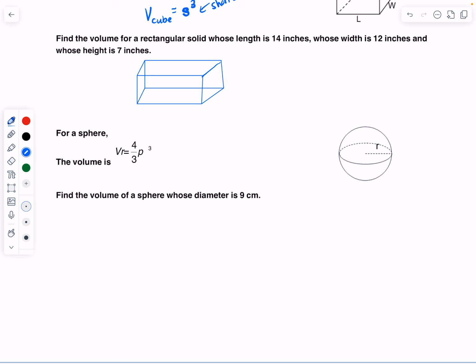Okay, there we go. So the length is 14, the width is 12, and the height is 7.